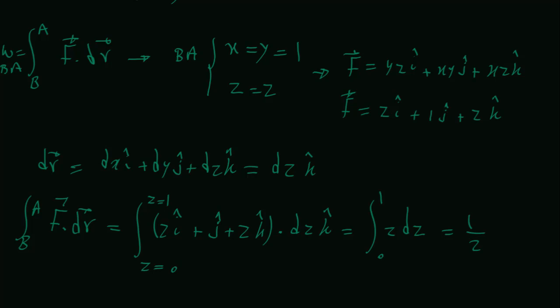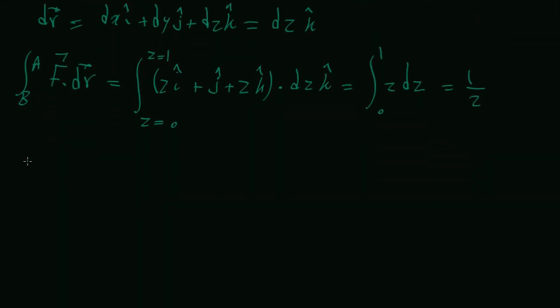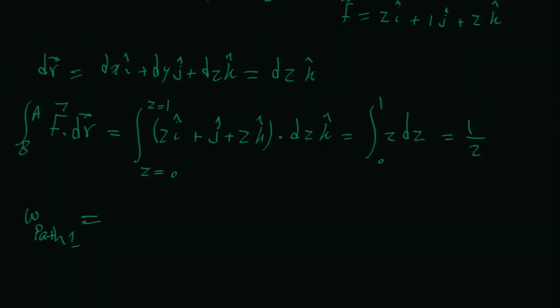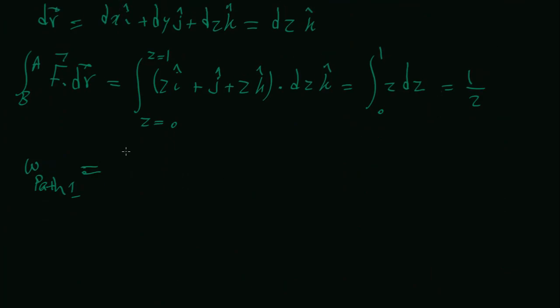So therefore the work done by force F on the first path, path 1, is equal to, so we had 1/3 over here and also half over here, so we have to sum up these two quantities: 1 over 3 plus 1 over 2, which is 2 plus 3 over 6, that's 5 over 6.